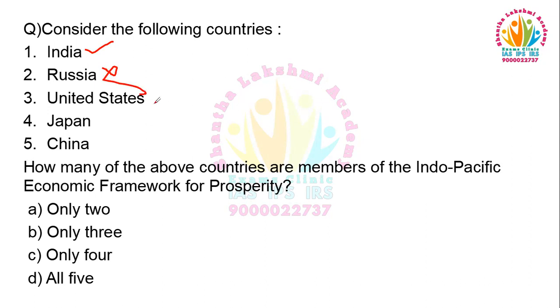United States, yes, it is a member of IPEF. Japan, yes. China, no. So India, United States, and Japan are members of the Indo-Pacific Economic Framework for Prosperity, not Russia and China. So only 3 of the above mentioned countries are part of IPEF.